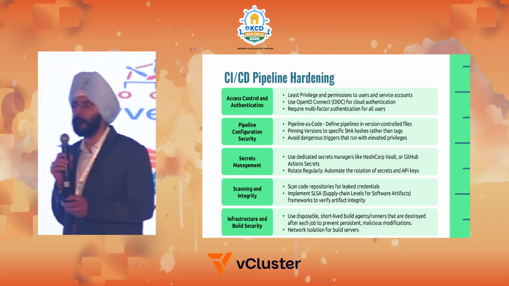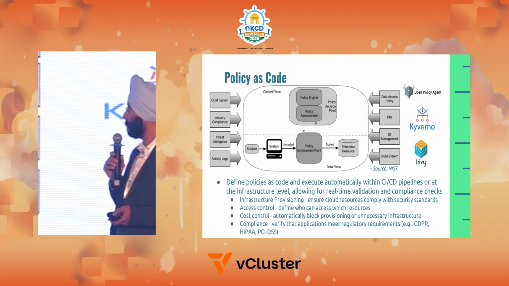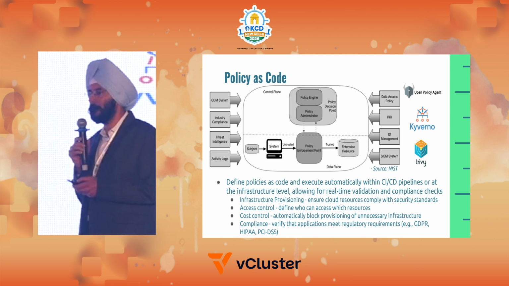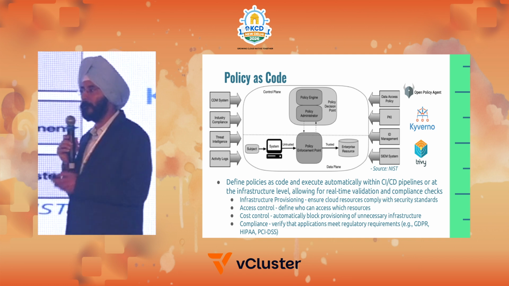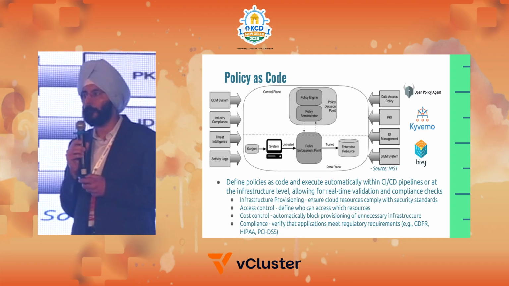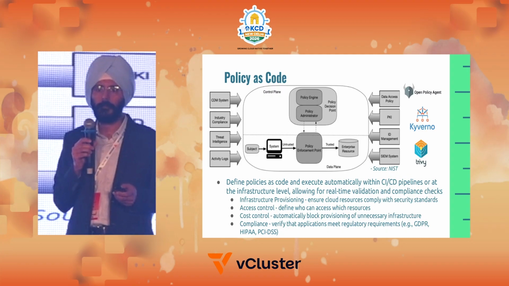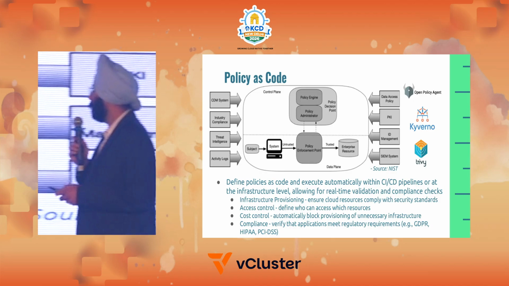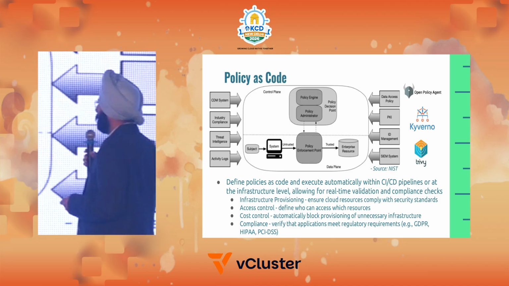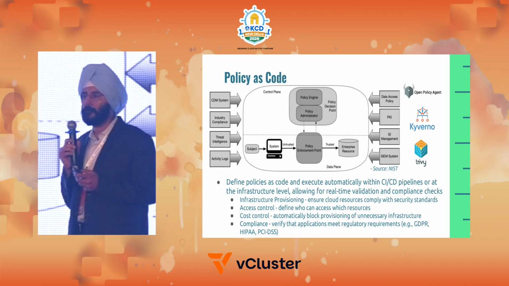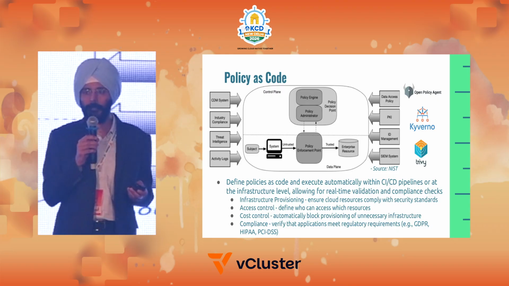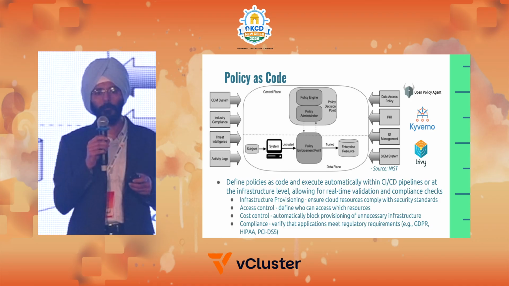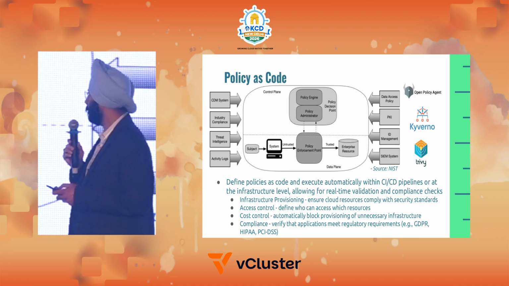Another interesting concept, again given by NIST, is the use of policy as code. What they mean is that we define policies in terms of who can use what, and which team, etc. And that should be defined like code, or maybe in a configuration setting. The key part is that there's a policy engine which uses enterprise guidelines, and it can use external sources, to define who and what can use what kind of resources.